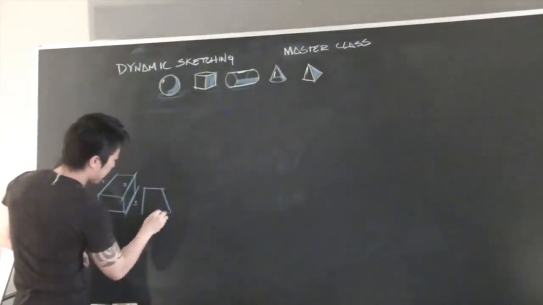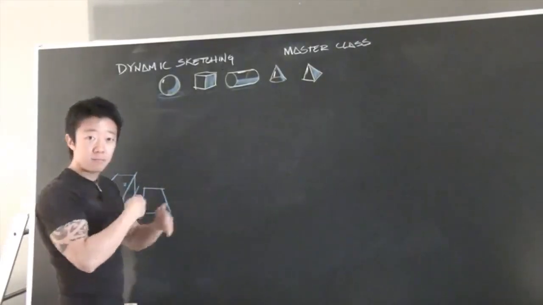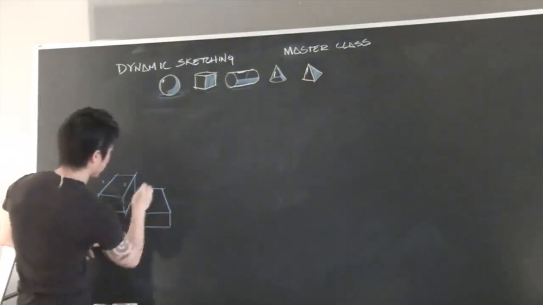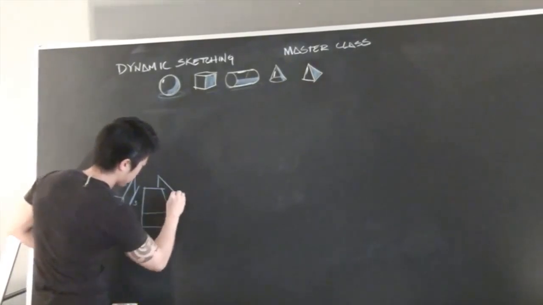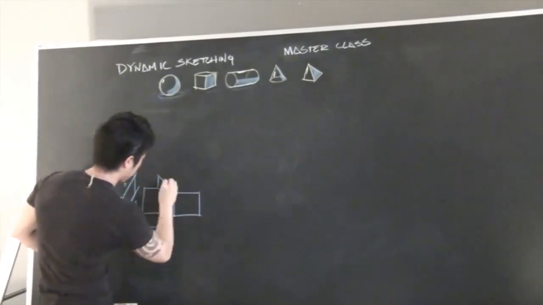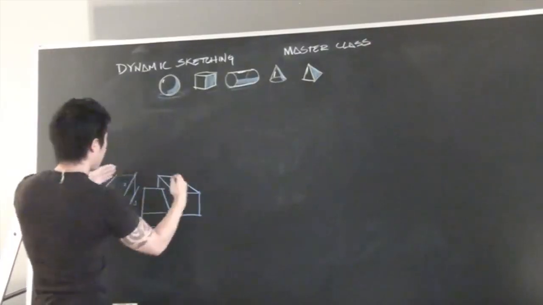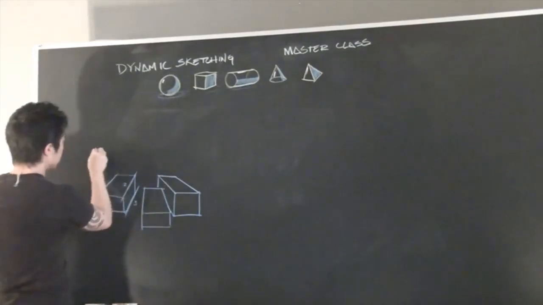And when I say boxes in perspective, I mean a lot of boxes. You're going to start layering your boxes on top of each other. And again, these do not have to converge at one perspective, vanishing point. It can go in many different directions.